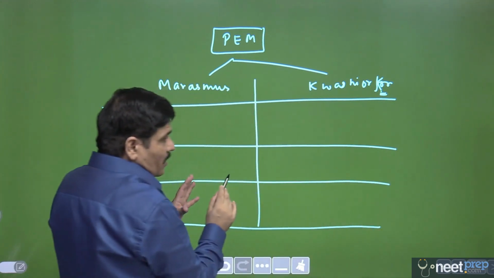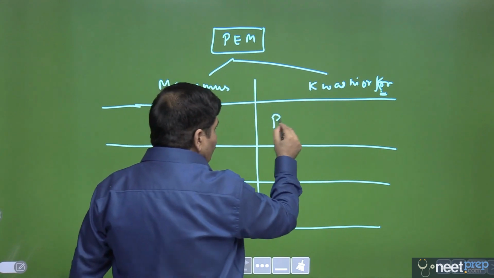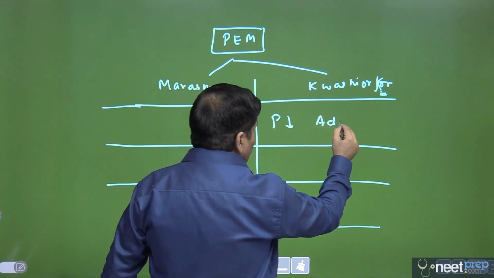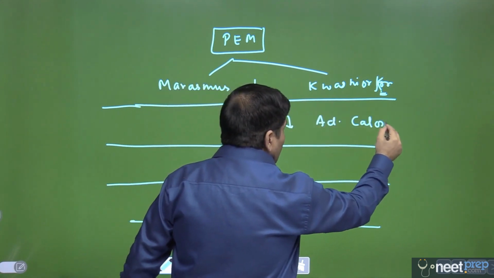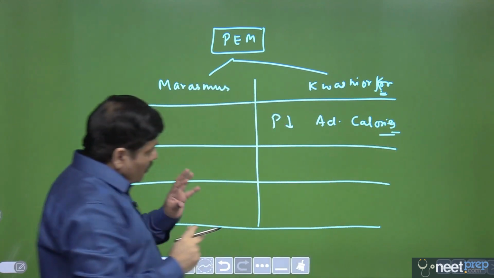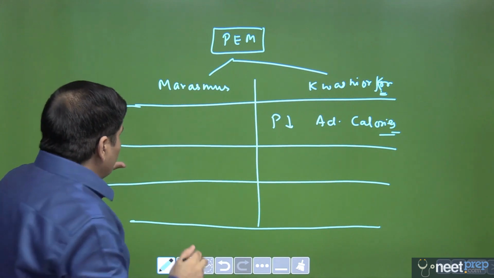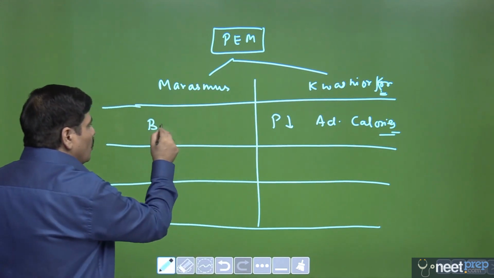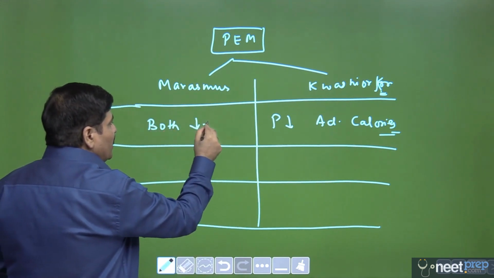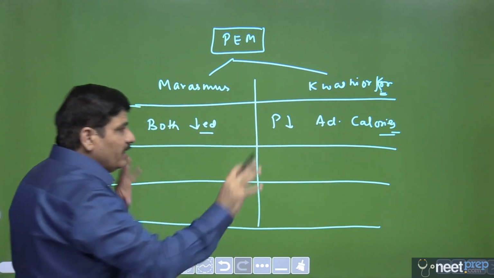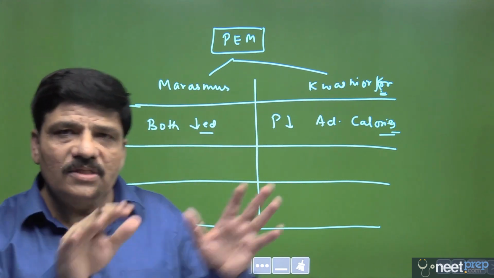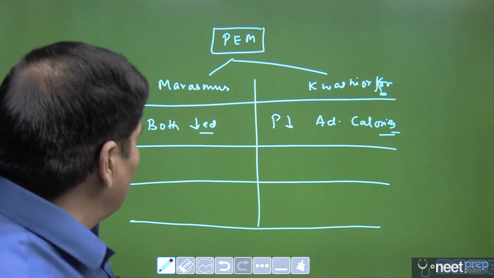So kwashiorkor is protein deficiency but adequate calories. So calories are adequate but protein is deficient. This is kwashiorkor. And in marasmus both of them are deficient. This is absolutely critical to understand, what causes kwashiorkor and what causes marasmus.